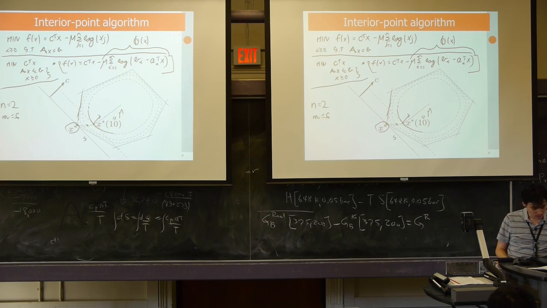This line here, x star of mu, where mu is the parameter, is called the central path. And it's also clear why it's called interior point methods, because we are inside of the feasible set and we converge to the global optimum. So next time we continue from here.